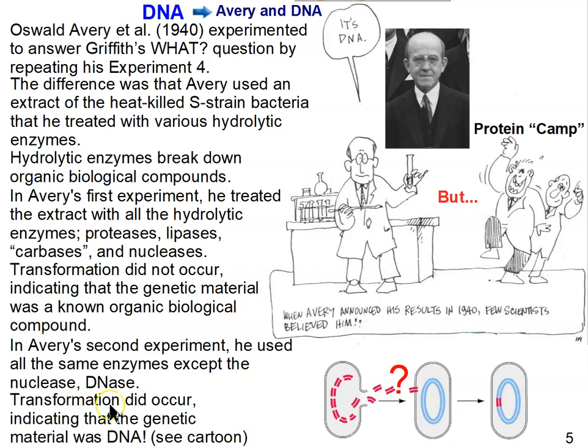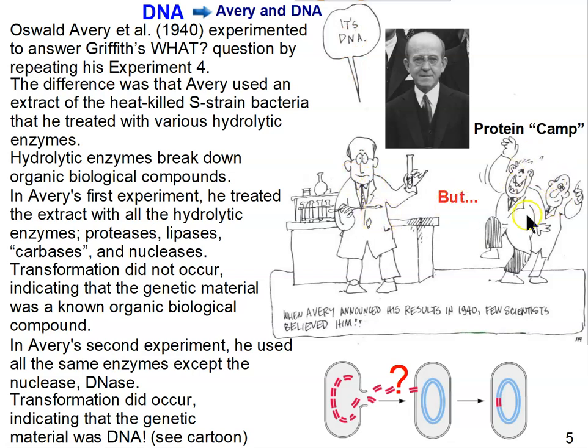And he found that transformation did occur. So basically, he destroyed everything else that it could possibly be except for DNA, and transformation occurred. And so from that, he concluded that, like it says here, the genetic material is DNA.